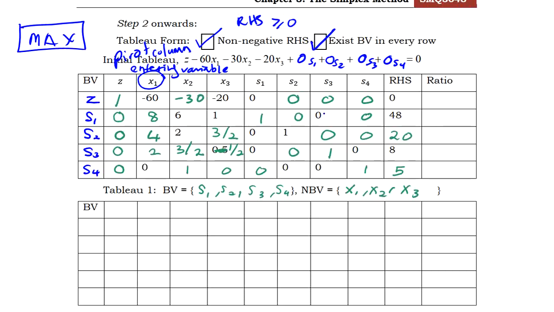So 48 over 8, we have 6. For the second row, 20 over 4 equals 5, and then 8 over 2 equals 4, and then 5 over 0.